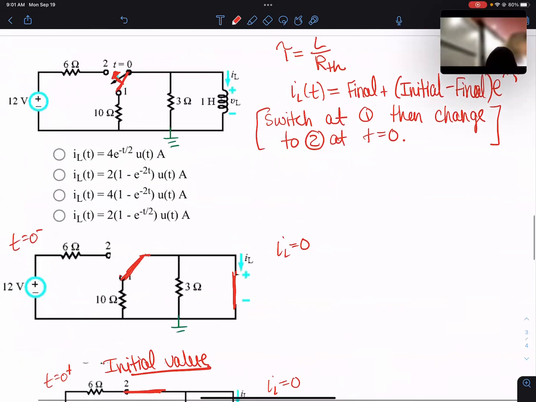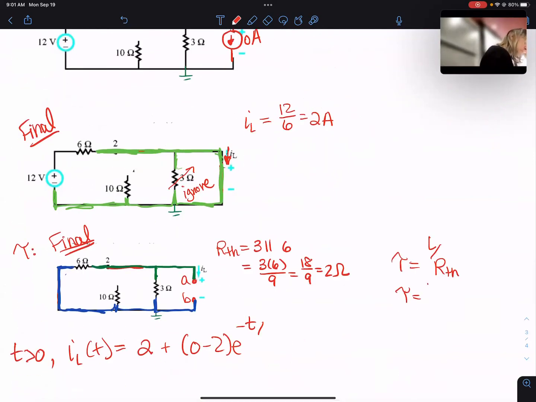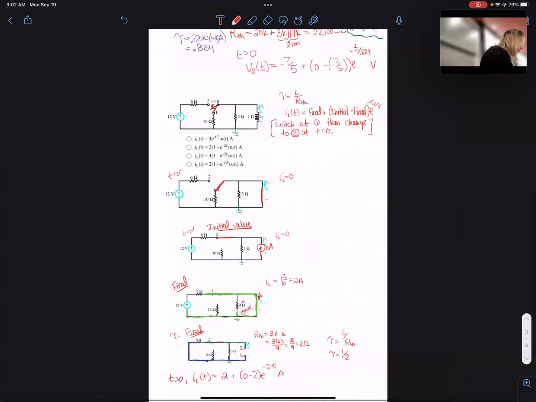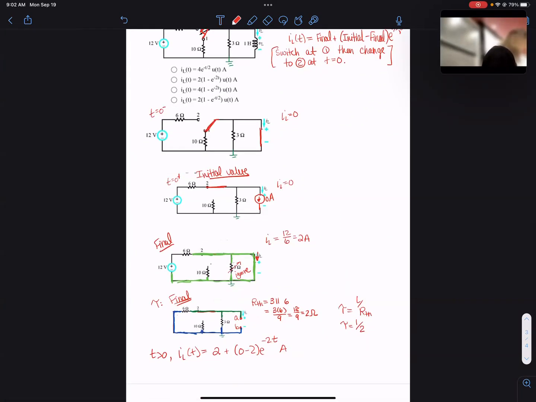And L was given as 1. So I can actually write this as minus 2t. So this would be this one here.